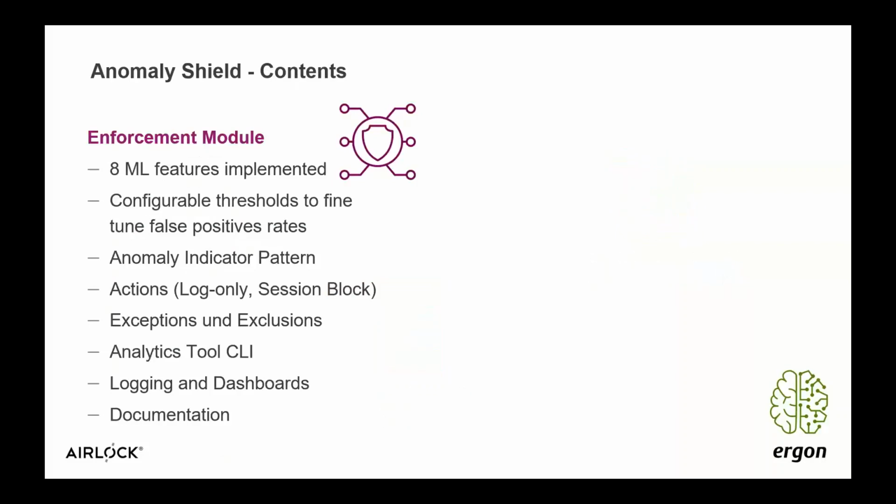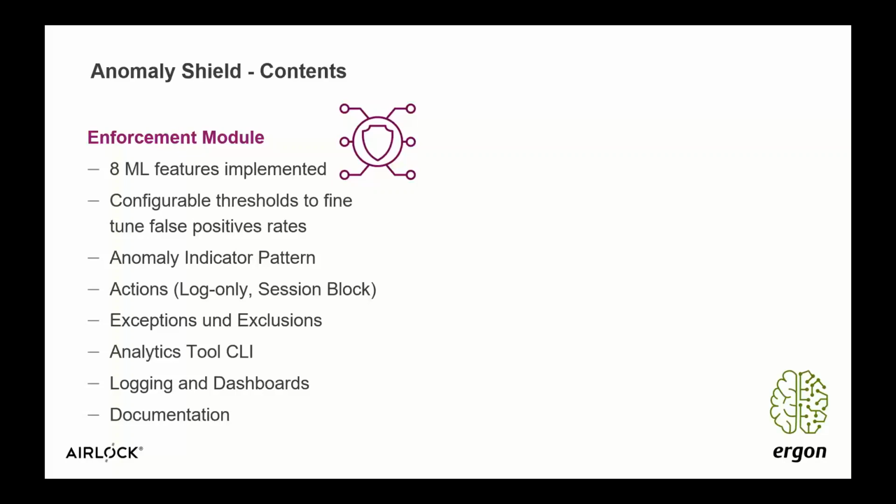There is the enforcement module, which has 8 machine learned features implemented. It's configurable. There are thresholds which you can adapt to fine tune. If you have some false positive rates, you can just tweak a little bit so it's not as aggressive as it might be.